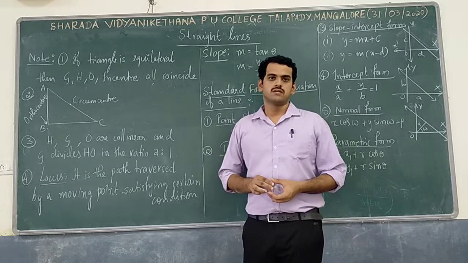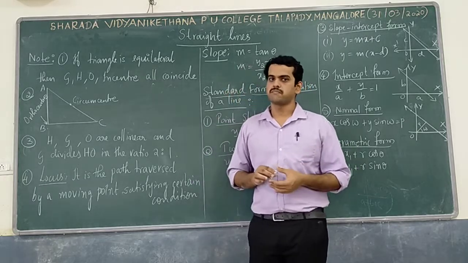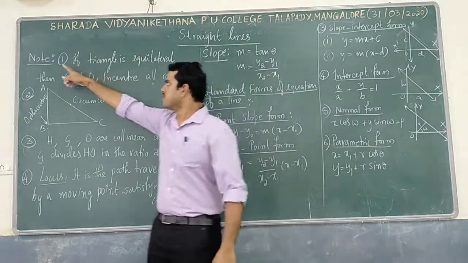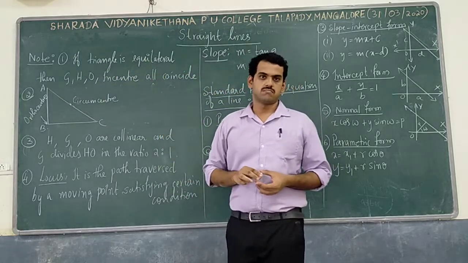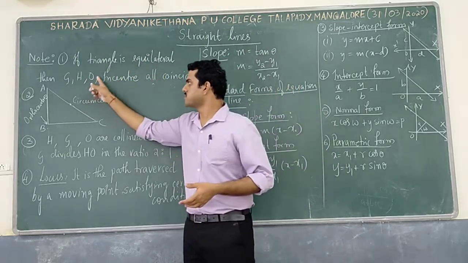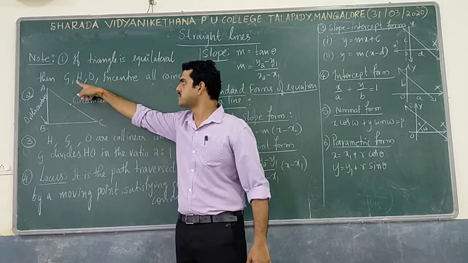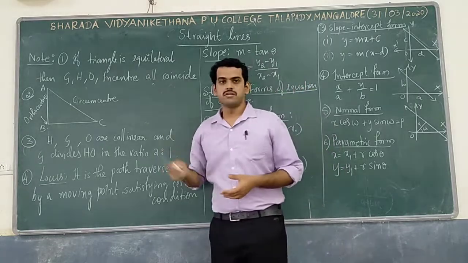Now, regarding the main terms I have explained, there are one or two important points we have to note. Note number 1: if you take any equilateral triangle, then G, H, O, where G stands for centroid, H stands for orthocenter, O stands for circumcenter, all of them are going to coincide.